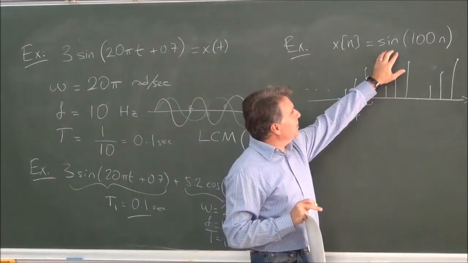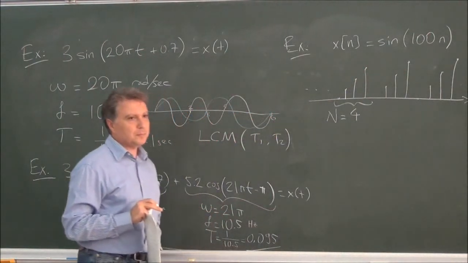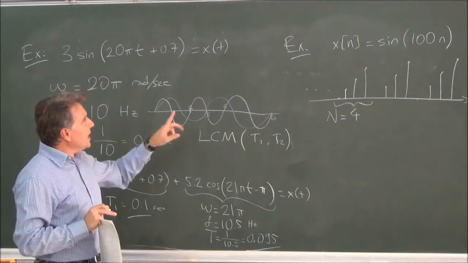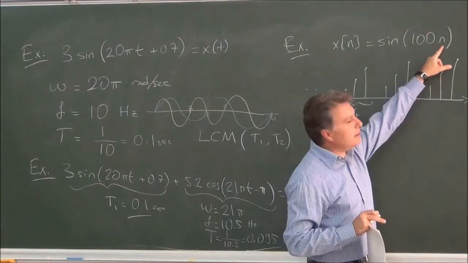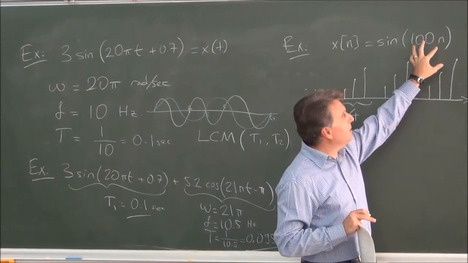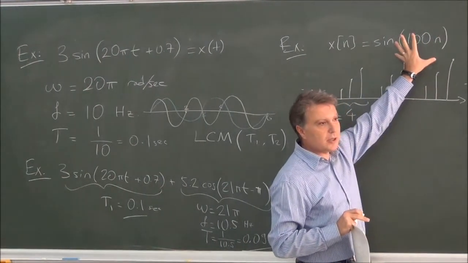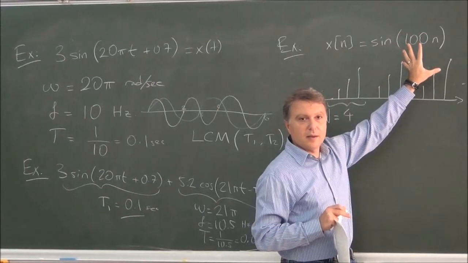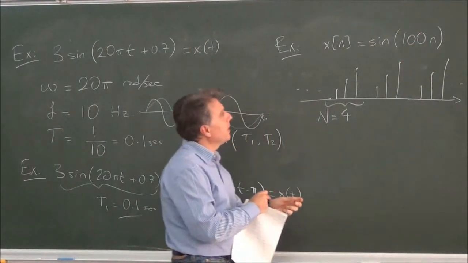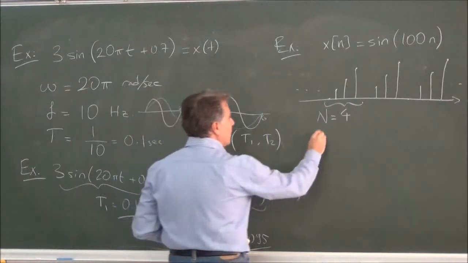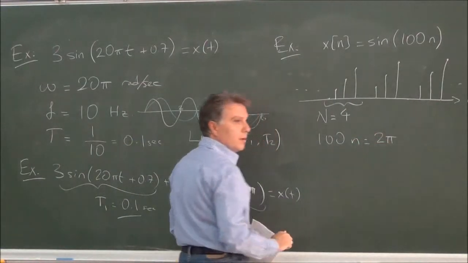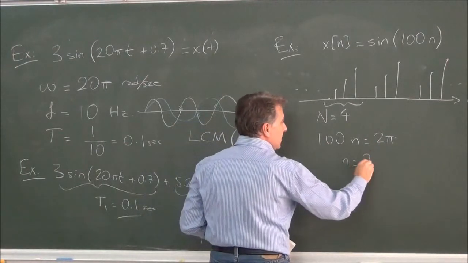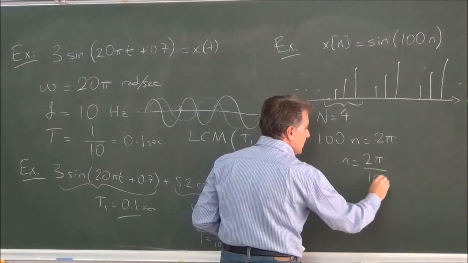What is the period for this if it is periodic? Using the same rule, what is n that makes this theta angle inside the sinusoid to be 2 pi? When does it become 2 pi? N is then equal to 2 pi over 100.